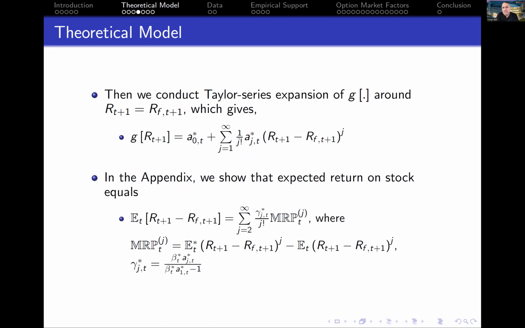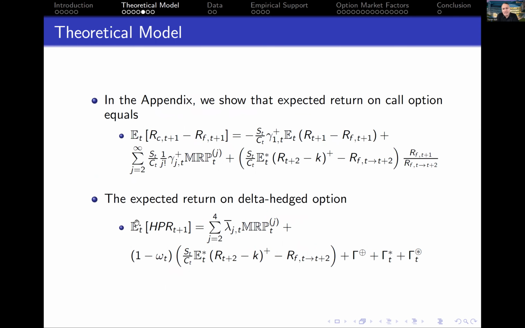So this implicit function G can be explicitly written as a Taylor series expansion, but we truncate it at order 4, because beyond kurtosis, we don't have economic meaning of 5th or 6th order moments. So eventually we get this expression.